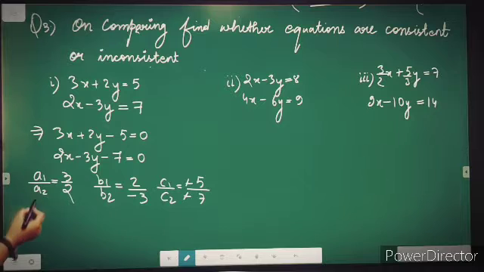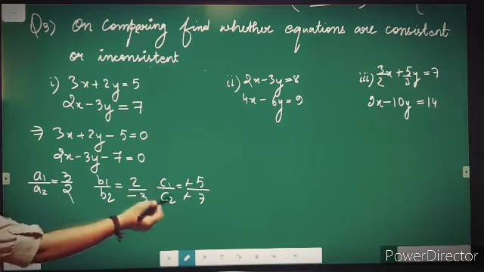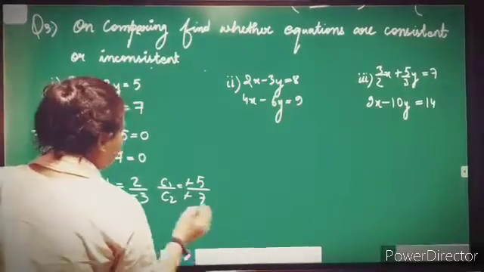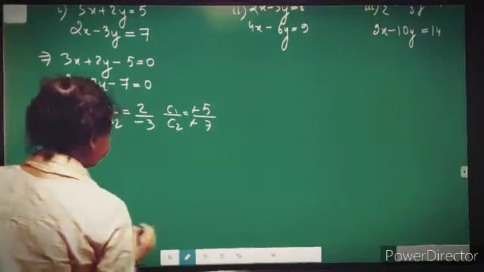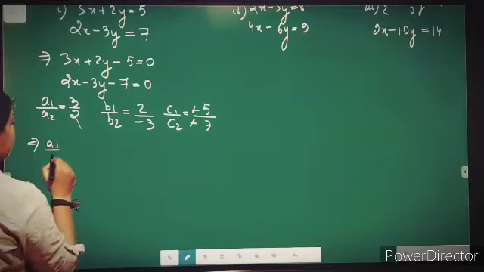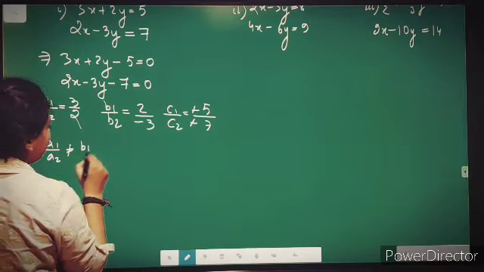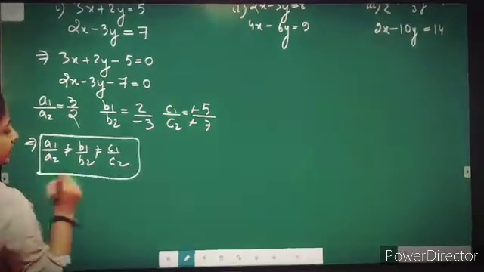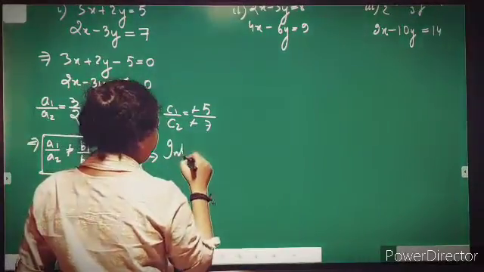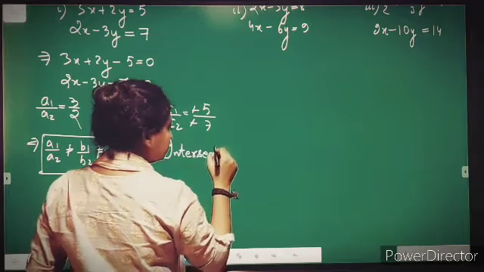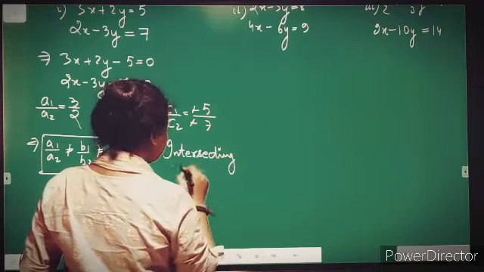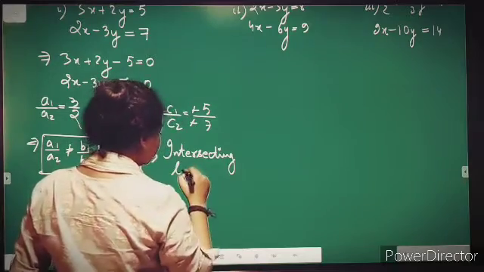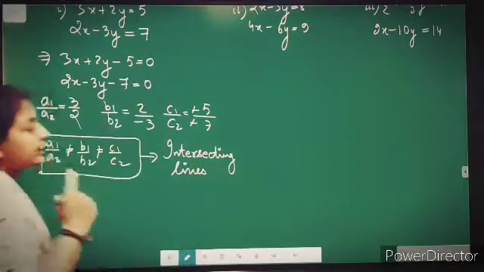Here, A1 by A2 is not equal to B1 by B2, which is not equal to C1 by C2. This is the case of intersecting lines. We know whenever the lines are intersecting, a unique solution exists.